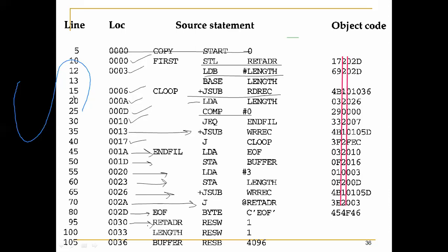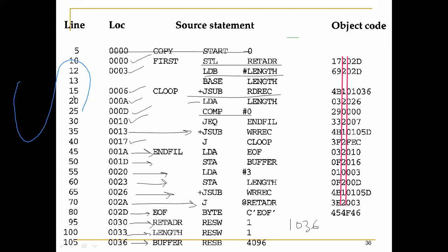Okay, 15. So 0030. Once again, reserve word 1. So 0033. Once again, reserve word 1. 0036. So buffer reserve byte 4096. So for 0036, we need to add 1000. So we'll get 1036. Means I am assuming that this is the end of the program, right? So this is how the address assignment is going to be done for the SIC/XE program.